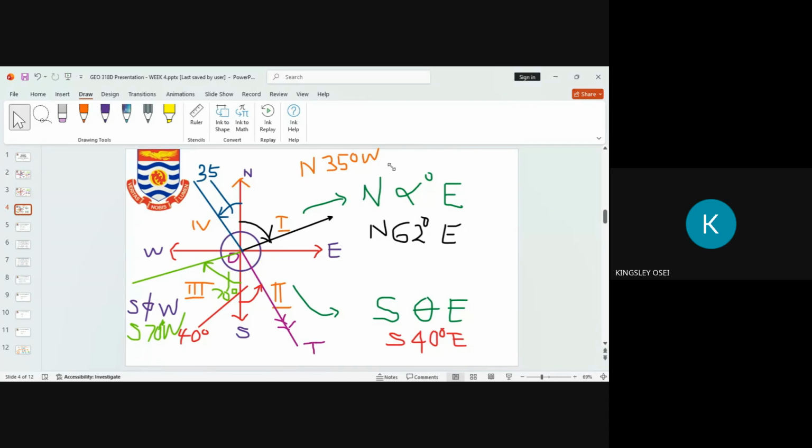So this is where you usually have the difficulty. Appreciating every quadrant and the rule for the quadrant. So we see now all the four quadrants have been engaged.